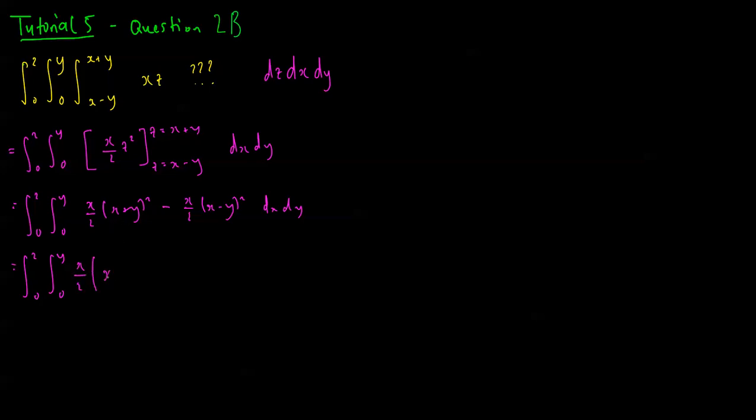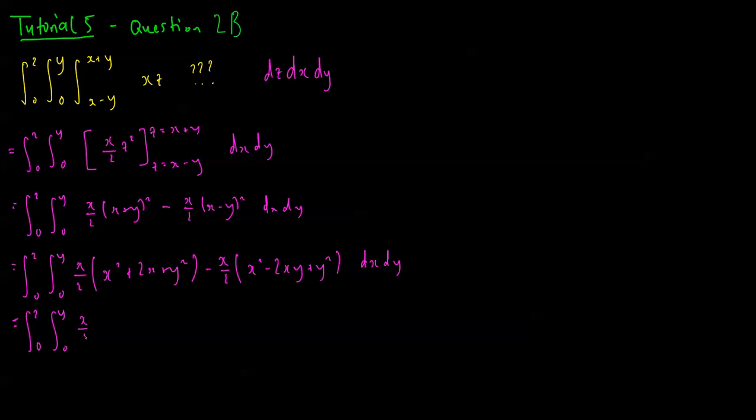So equal to 2 to 0, y to 0, x on 2 times x plus y all squared is going to give me x squared plus 2xy plus y squared. And here I'm going to have minus x on 2, and x minus y squared is x squared minus 2xy plus y squared, dx dy. So fortunately this simplifies greatly.